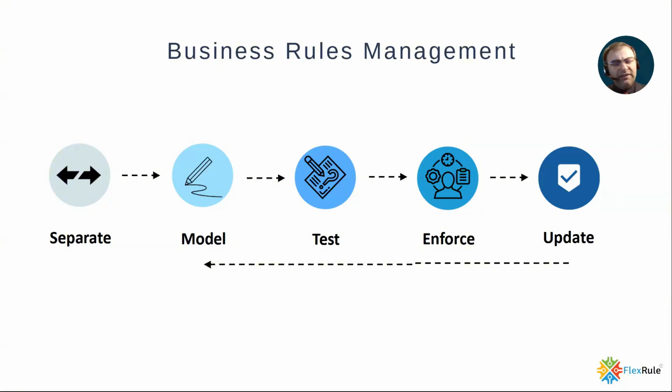By isolating, modeling, testing, and enforcing, we can easily update the rules in one place, minimizing the risk of defects and optimizing resources. This cyclical process continues as rules evolve or new processes are implemented, because business rules' life cycle lives by a different timeline.